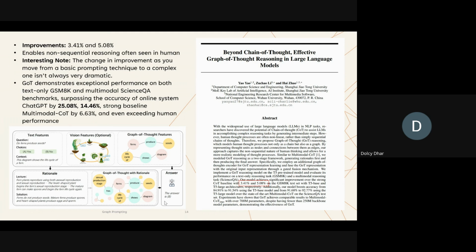Another interesting thing to note in this paper was that the researchers have found that when you move from chain of thought to tree of thought prompting, you don't see a very huge improvement in accuracy. But when you move from example based prompting to reasoning prompting, you see a drastic change in the accuracy of the LLM.